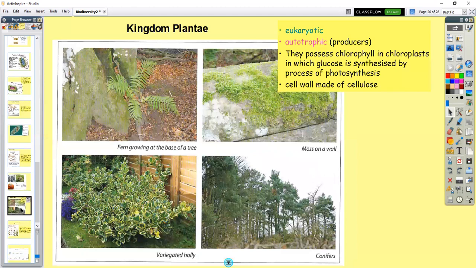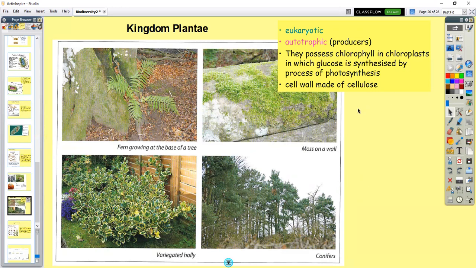Okay, the next one, again a bit more complicated, is kingdom Plantae, or plants. Again, they're eukaryotic cells, so they have proper cell organelles, a nucleus with a membrane around it, etc. They're autotrophic in that they photosynthesize and produce their own food.